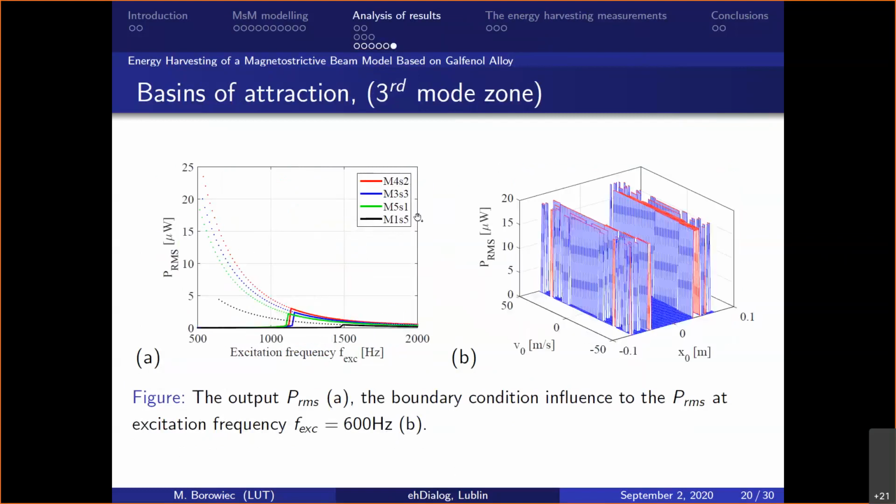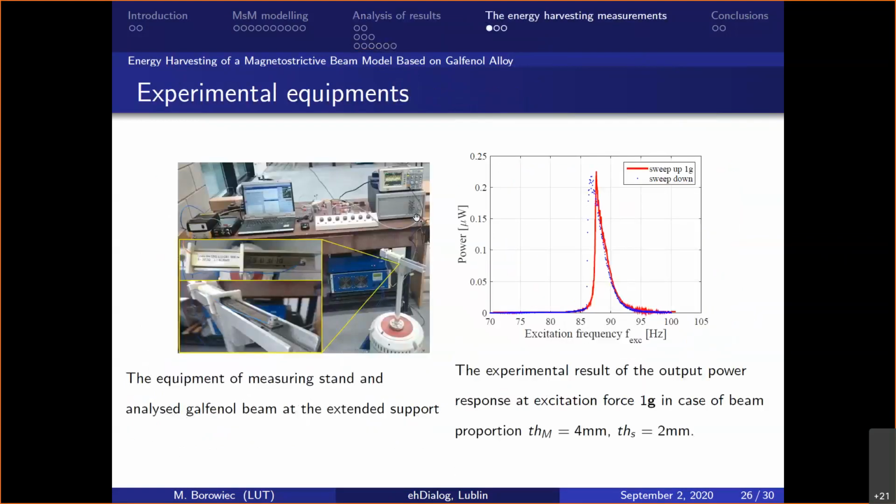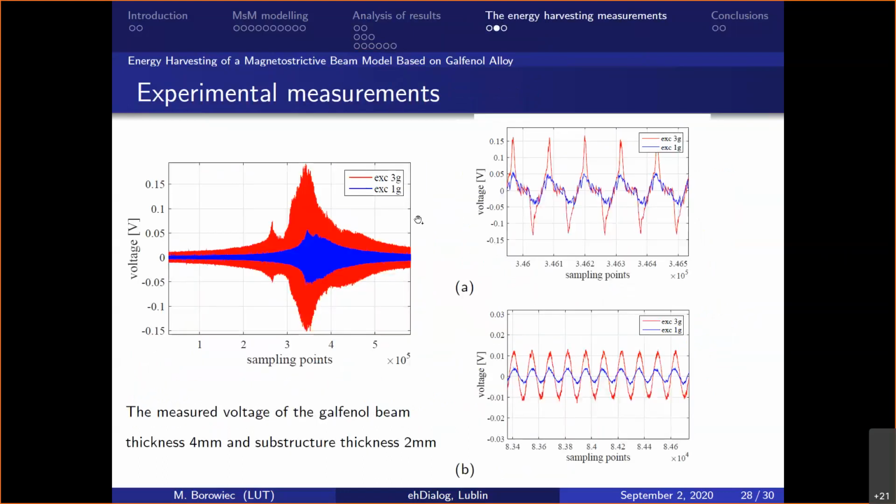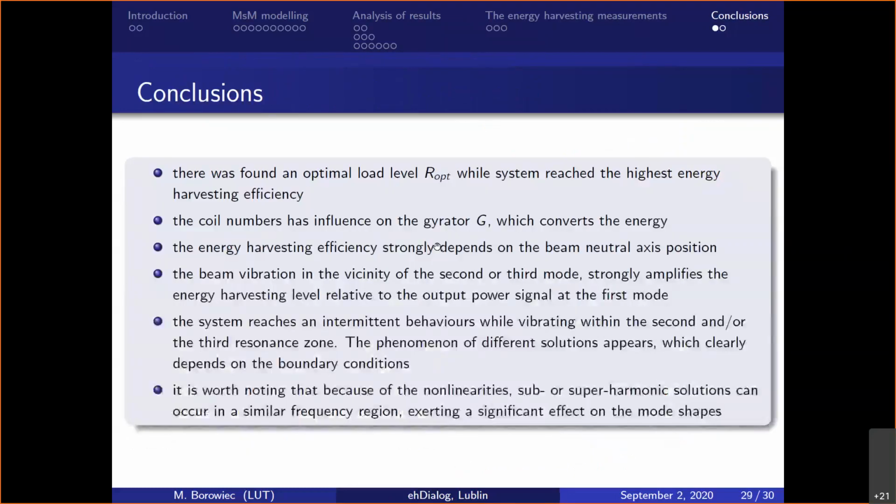Okay, so there were some analytical numerical results, and the next model I'd like to show you is only experimental, but let's conclude these short results. So the optimal load level of the resistance was found, at which the system reached the highest energy harvesting efficiency.